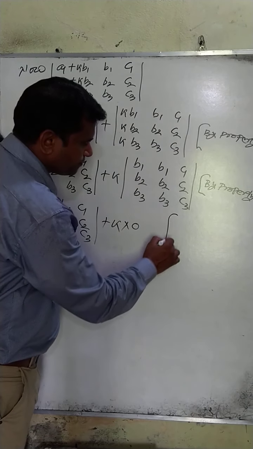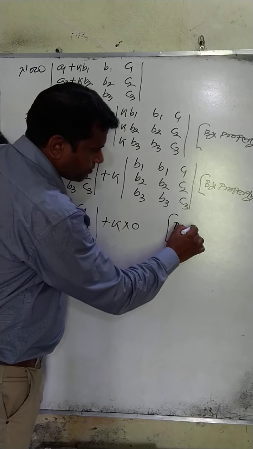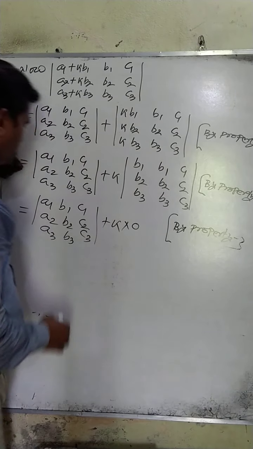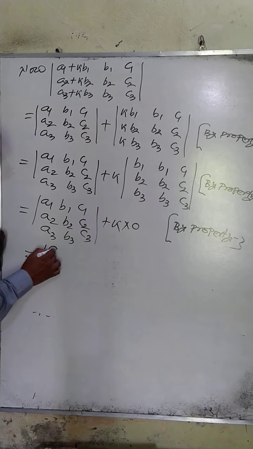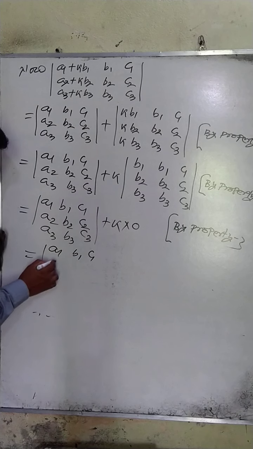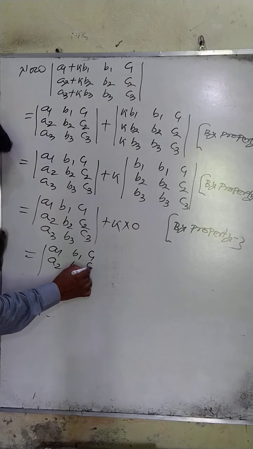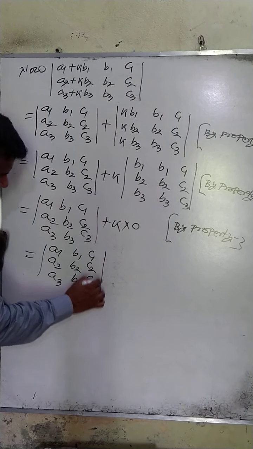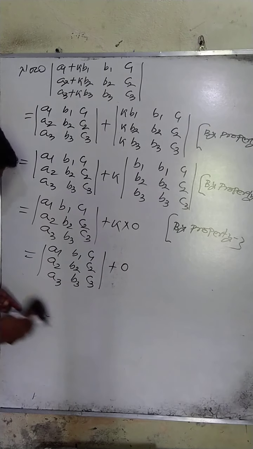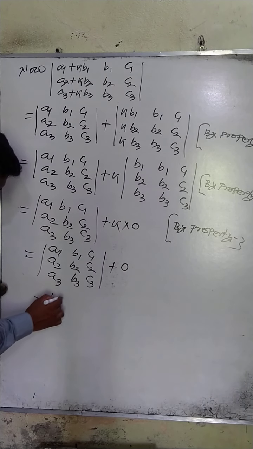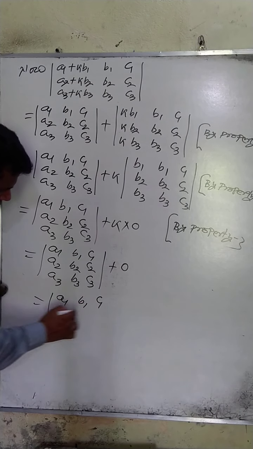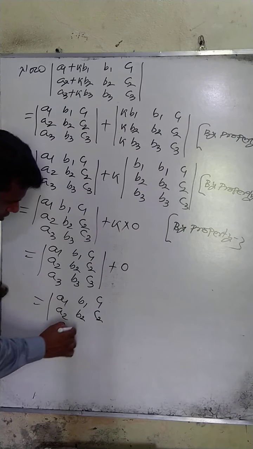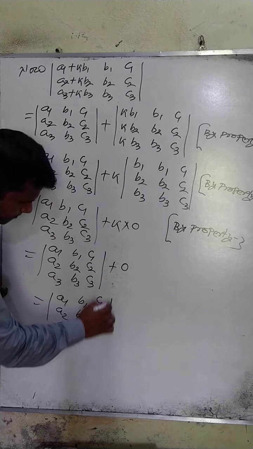That equals a1 b1 c1, a2 b2 c2, a3 b3 c3 plus 0, which equals only the determinant a1 b1 c1, a2 b2 c2, a3 b3 c3.